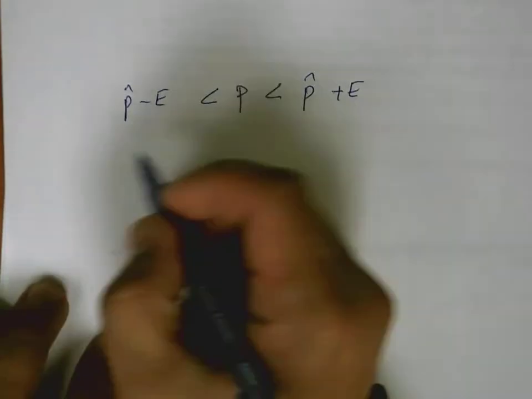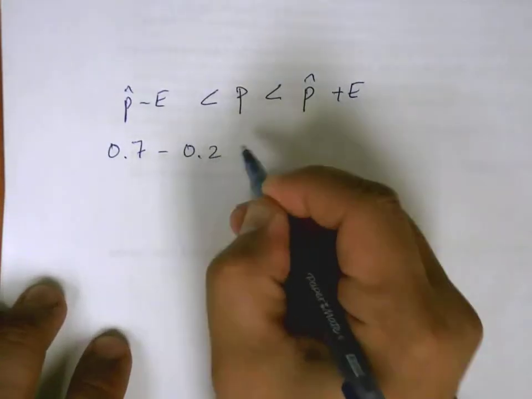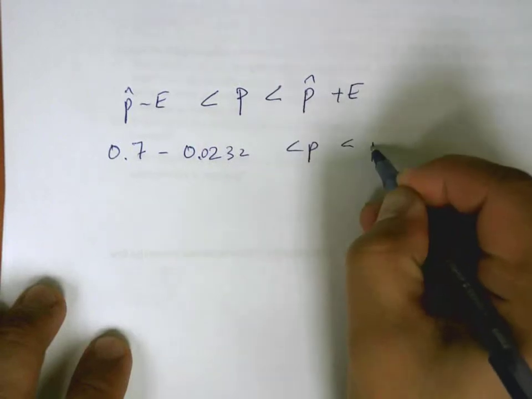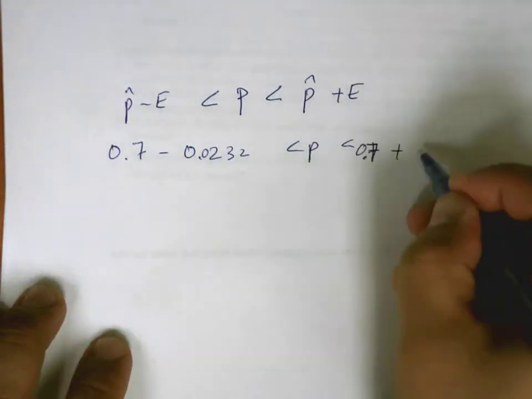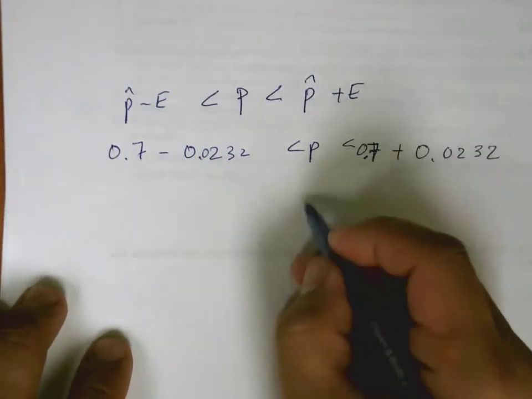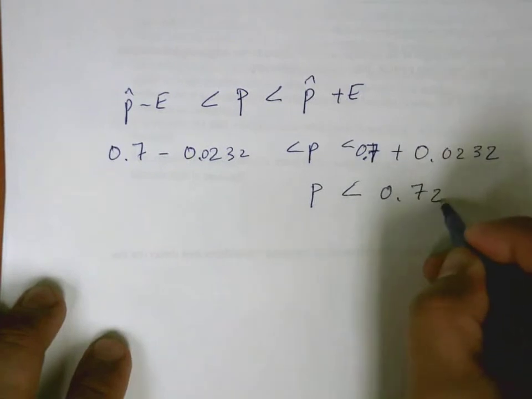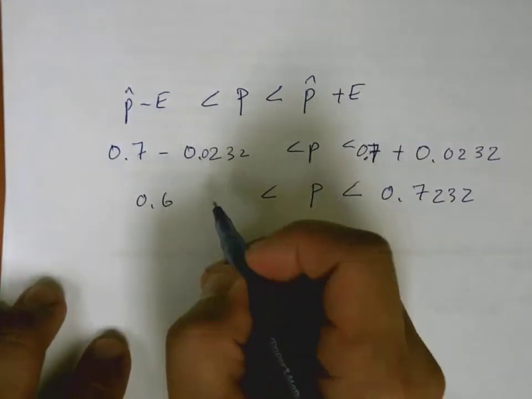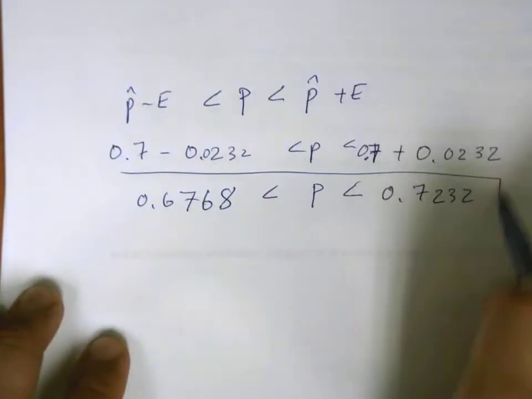So p hat is 0.7. Remember, E is 0.0232. This is 0.7 plus 0.0232. So you complete the arithmetic, and we get 0.7232 and 0.6768.